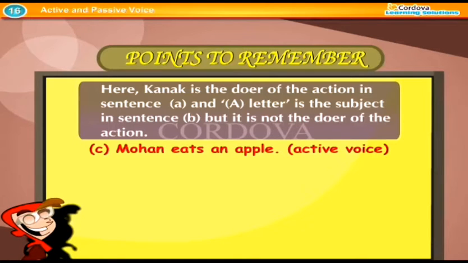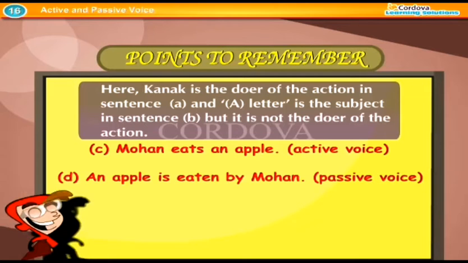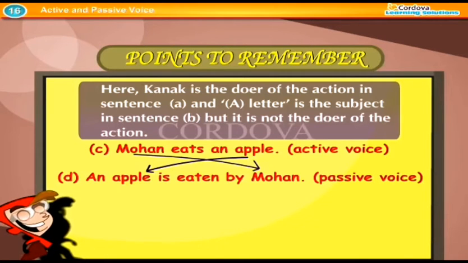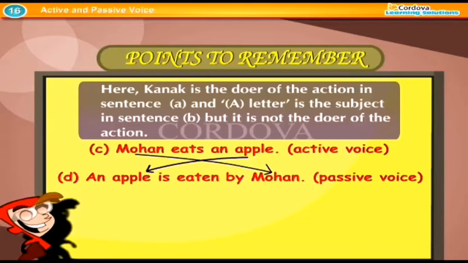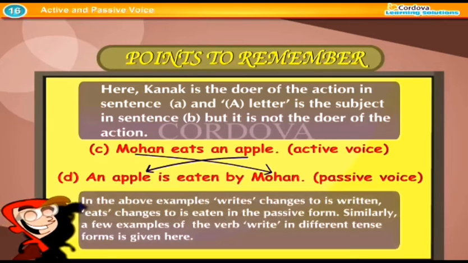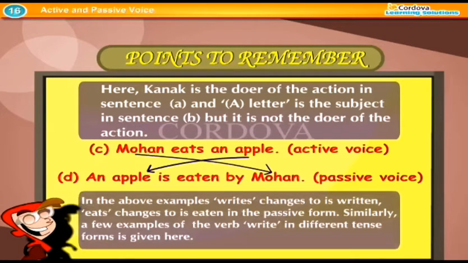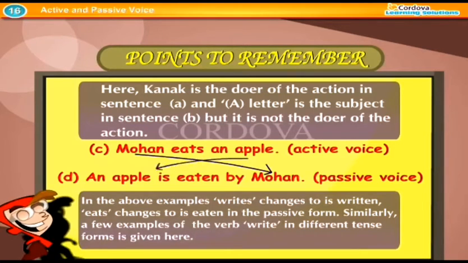C. Mohan eats an apple. Active voice. D. An apple is eaten by Mohan. Passive voice. In the above examples, writes changes to is written. Eats changes to is eaten in the passive form.